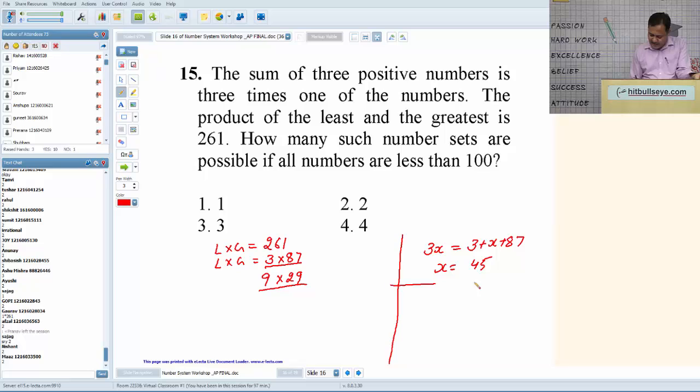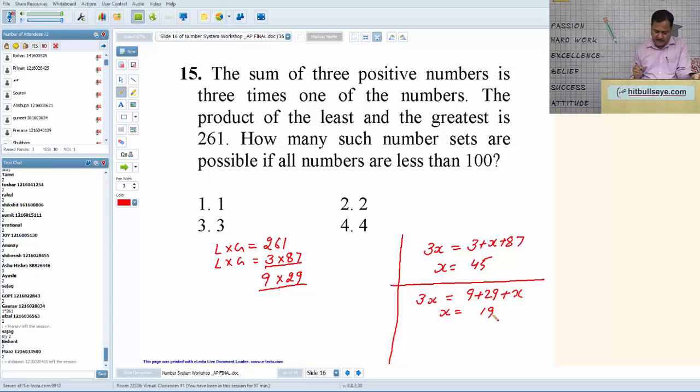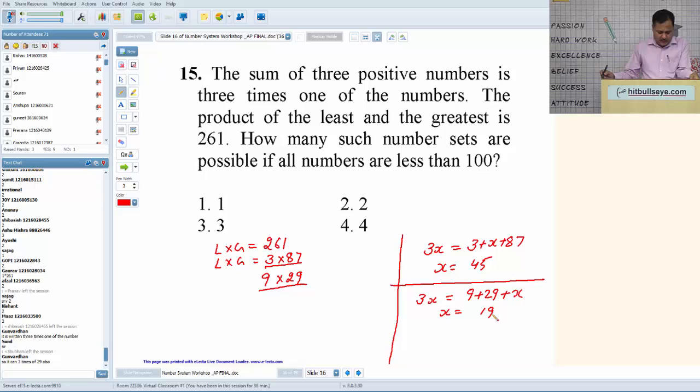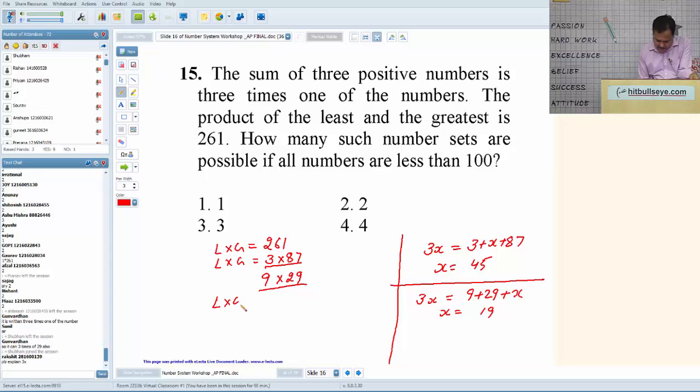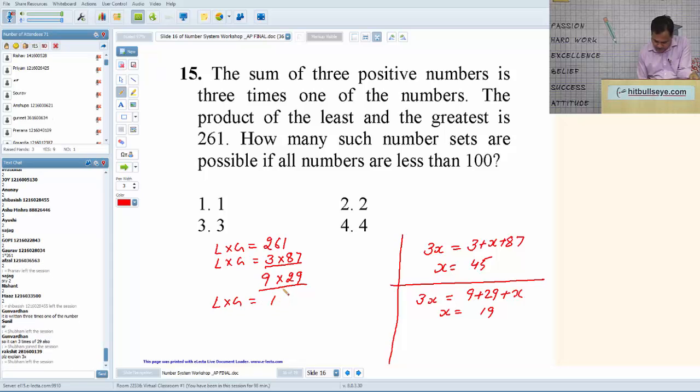If we check the second option, we will get 3x is equal to 9 plus 29 plus x, so x is equal to 90. So only two options are there. Now Gaurav is telling 1 into 267. If we take least into greatest, 1 into 287.